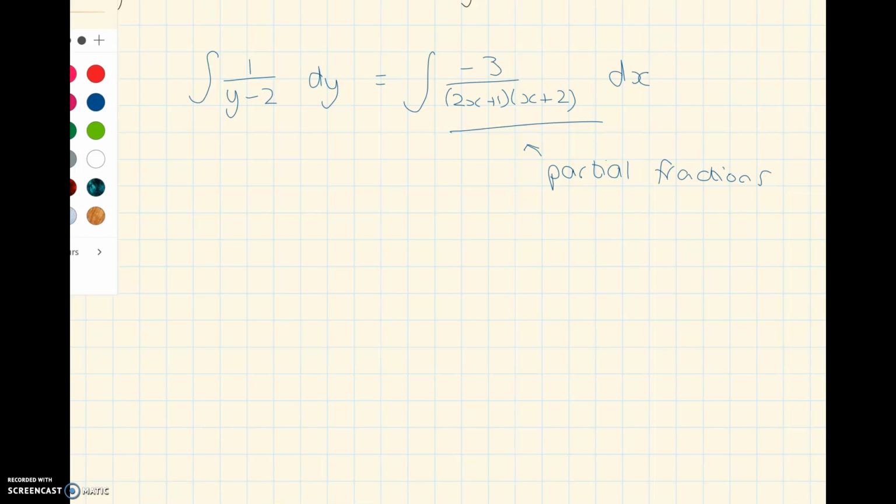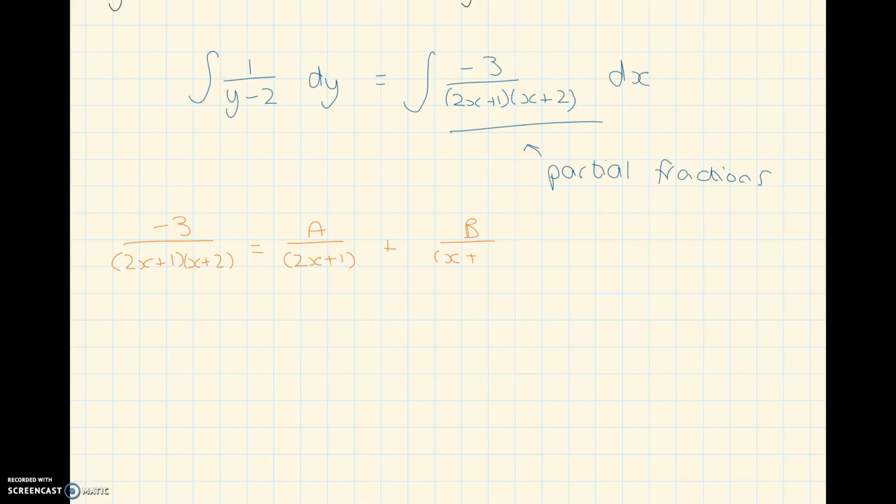So let's split this up into partial fractions and see what I get. Minus 3 over (2x plus 1)(x plus 2) comes out as A over 2x plus 1 plus B over x plus 2. Multiplying up, I'm going to end up with minus 3 equals A times (x plus 2) plus B times (2x plus 1).